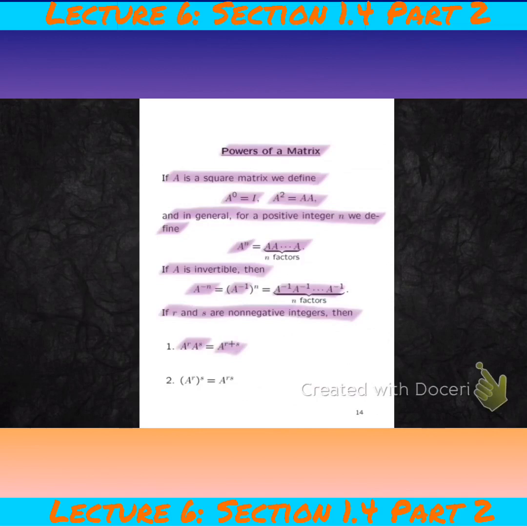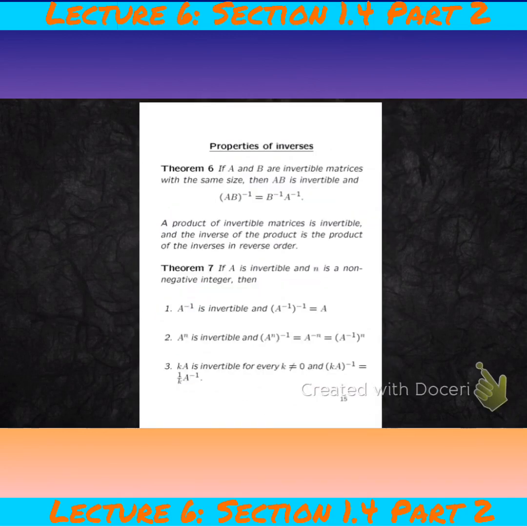So that exponent rule also holds for matrices. Then if you take A multiplied by itself R times, and raise the resulting matrix to the power of S, that's the same as raising the matrix A to the power of R times S. Then that brings us to properties of inverses.